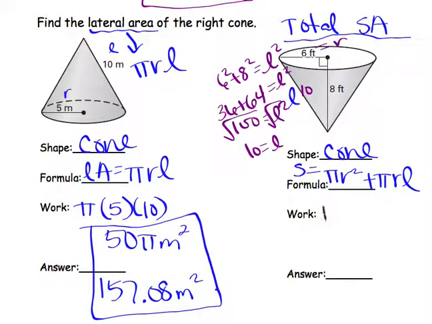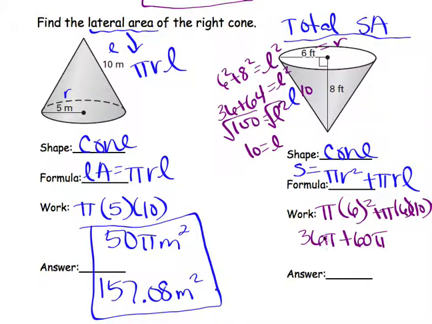So to fill those in, pi times the radius squared, so pi times 6 squared, plus pi times the radius times the slant height. So 6 squared is 36, so that's 36 pi, plus 6 times 10 is 60, so that's 60 pi. 60 pi and 36 pi is 96 pi. Since they both had pi in them, you can just add them together and keep pi on there.